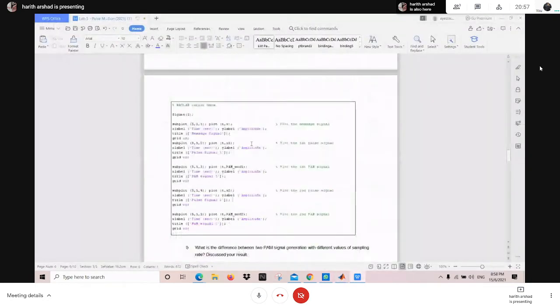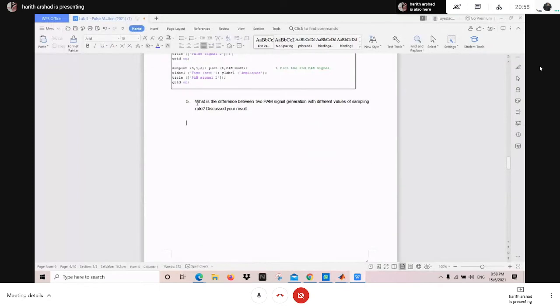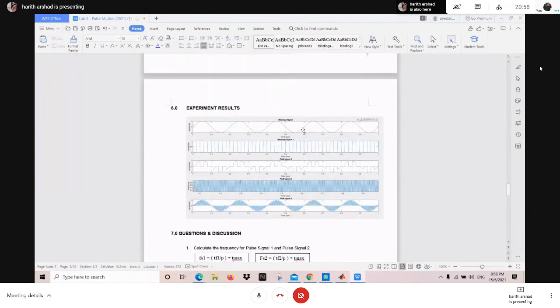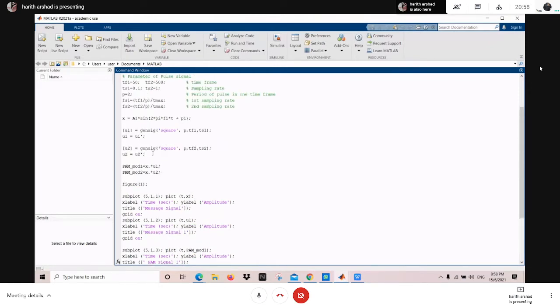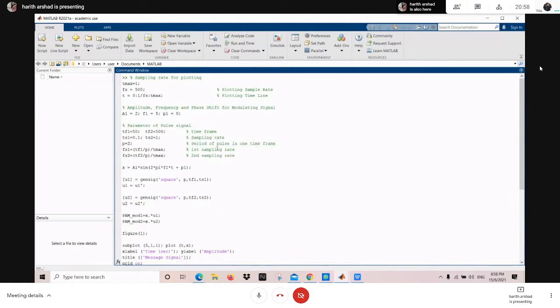Now we see what is different between the two pulse signal generations with different values of sampling rate. After that, we change the value of the time frame and the sampling rate.